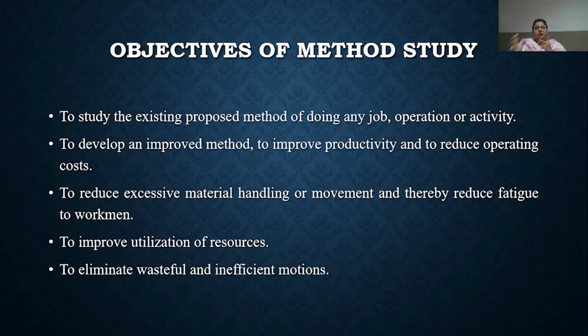Fatigue means a lethargic body due to material handling. If the person is already tired, he will not be an efficient worker for the next operation. So it's mandatory to do the material handling through machineries or other workers. Do not overburden the workers.